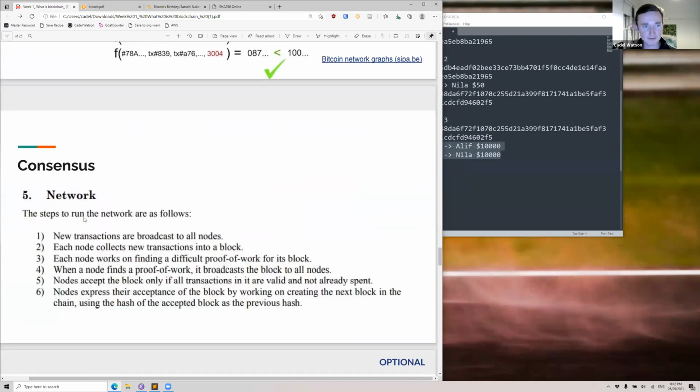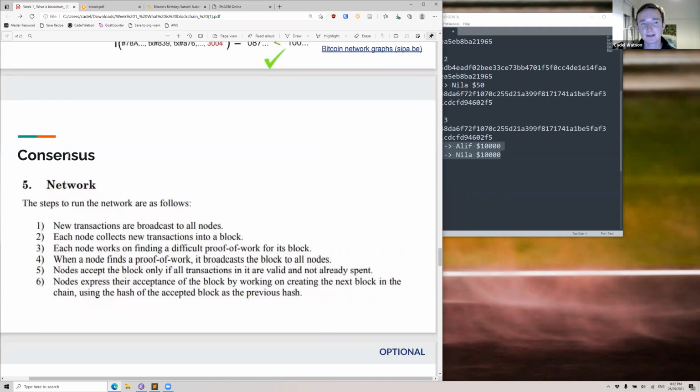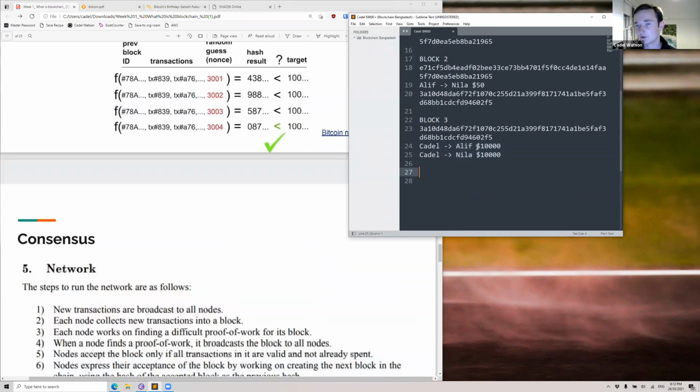The way we solve this is with what's called a consensus algorithm. Consensus really just means the whole network agreeing on what is true. That's all that it means. But you have to do it in a way that is secure. Some parts of the network can't break the rules while other parts can't. Everyone has to agree on what's true, or else you get people double spending money, taking money that isn't theirs.